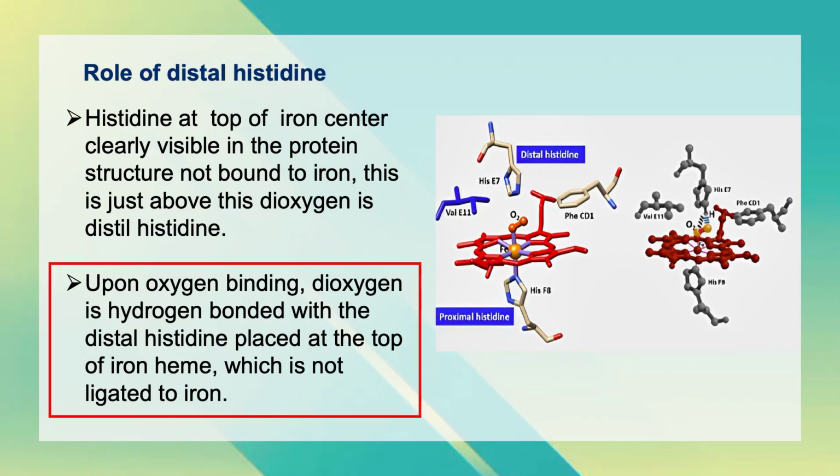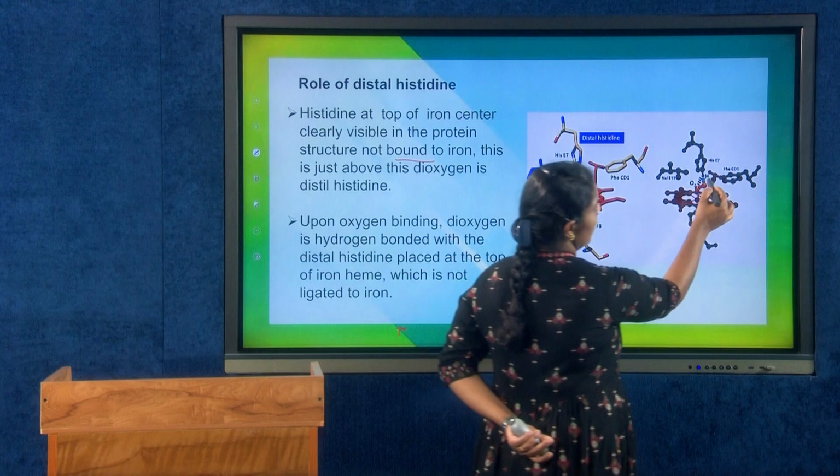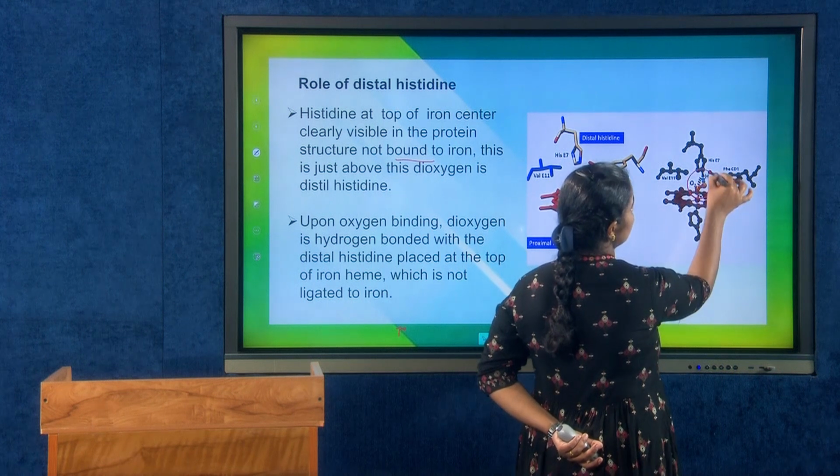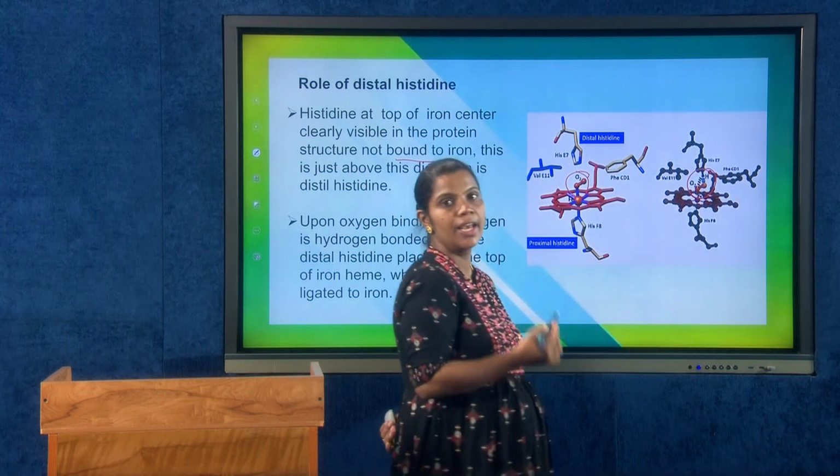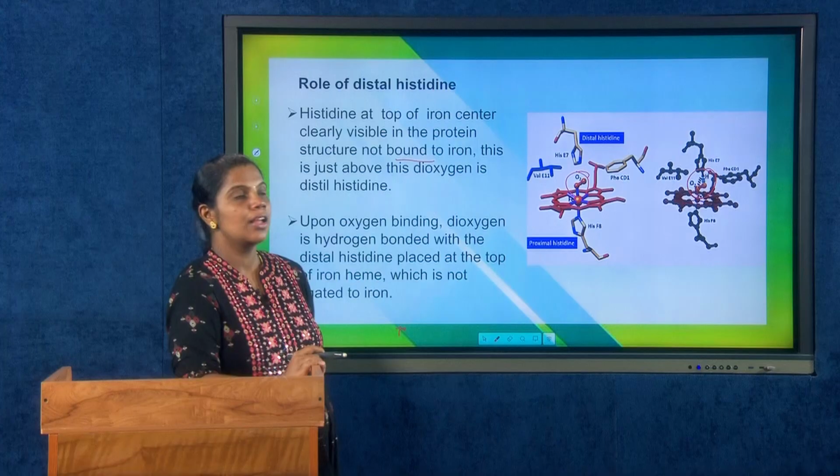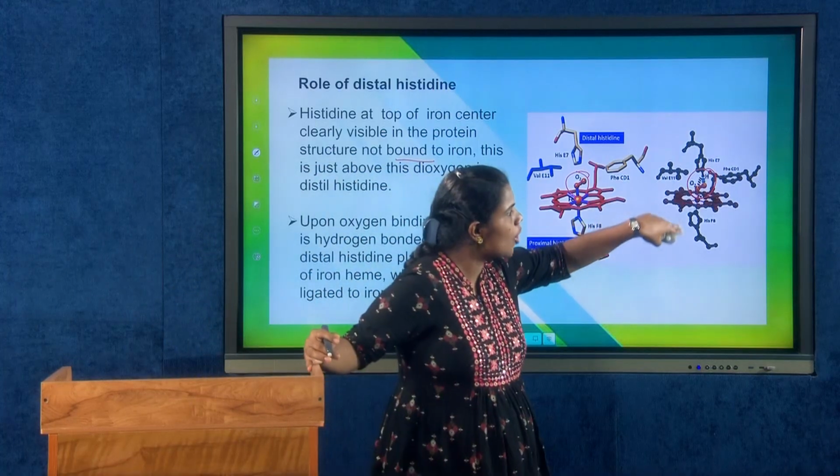So, upon oxygen binding, what happens? The dioxygen gets hydrogen bonded with the distal histidine, which is present on the top of the heme.